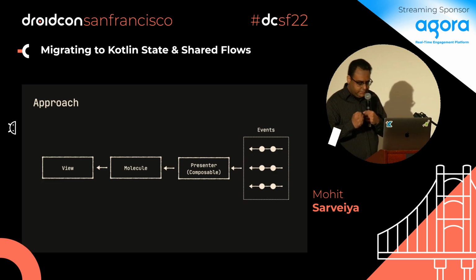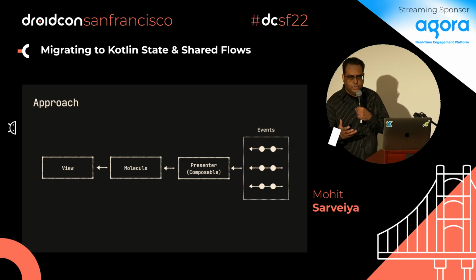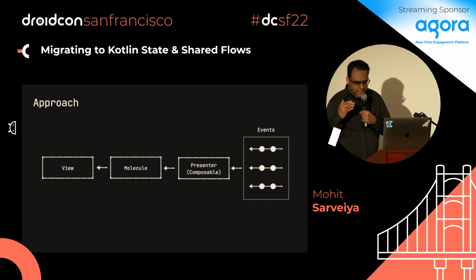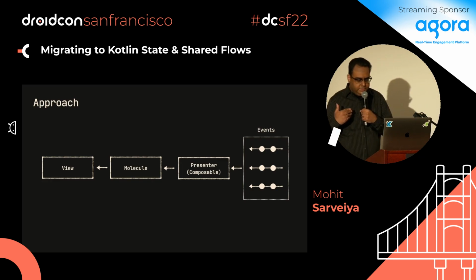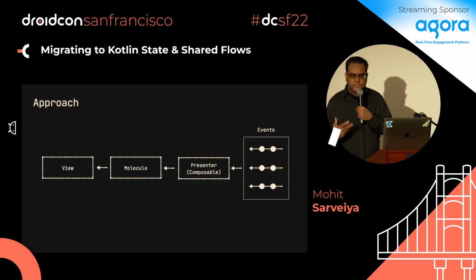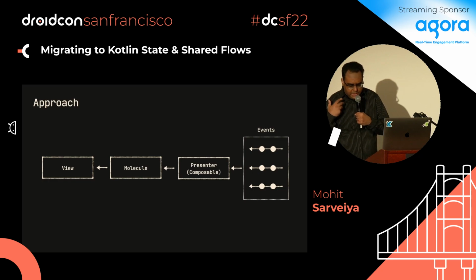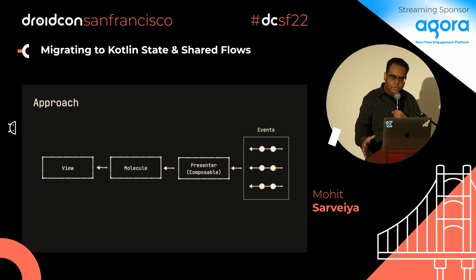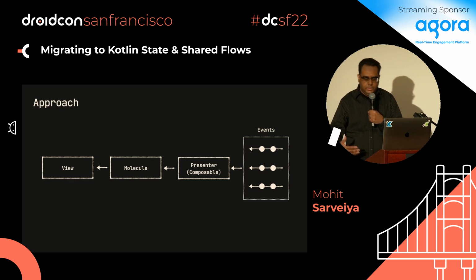And what this library provides is an extension on a scope called a molecule. The name may be weird, but what that extension does internally is it taps into the recomposition snapshot APIs. And it has logic in there to be able to push to that state, to a state flow, whenever new events are emitted.